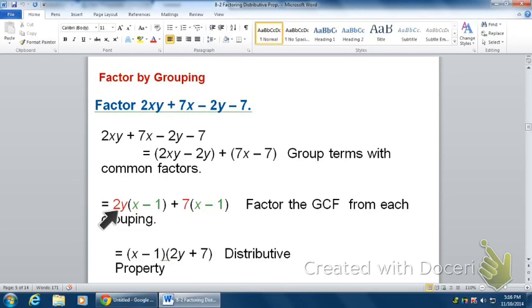Now you can always go back and check by distributing this out. If you distribute this out, you come up with your original terms right here. Secondly, let's look at our second terms.